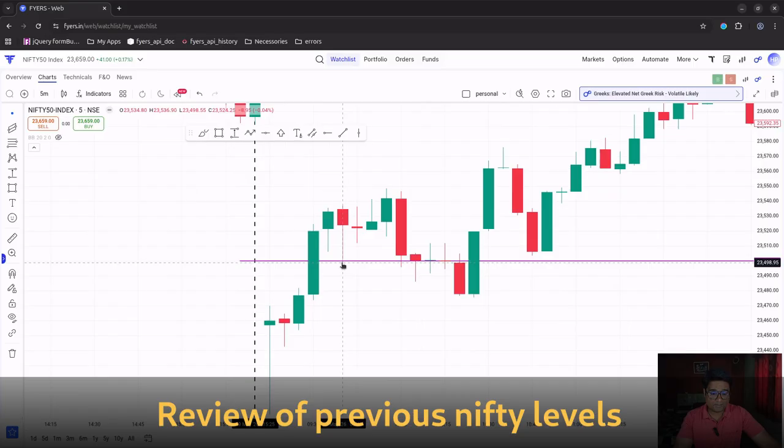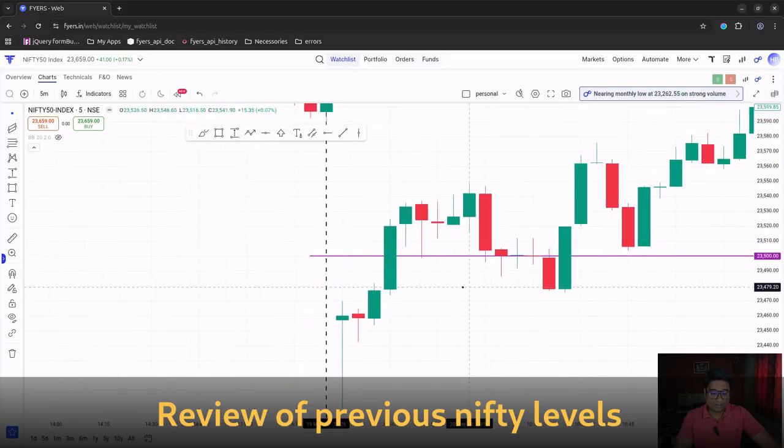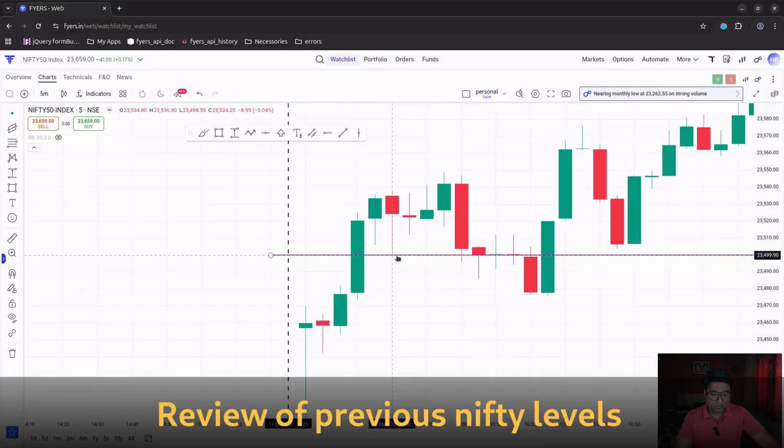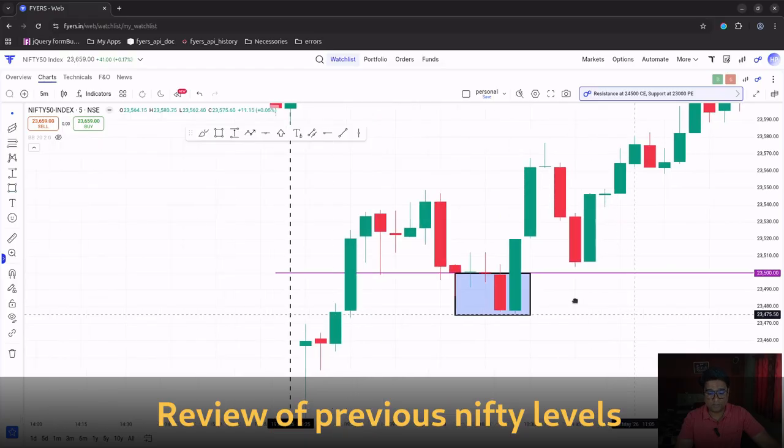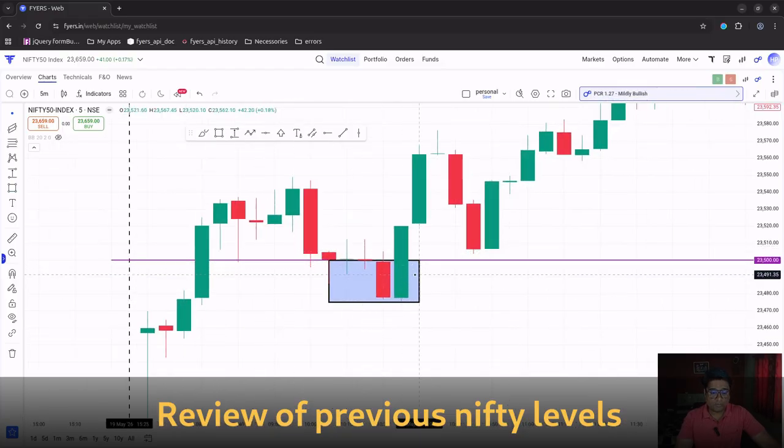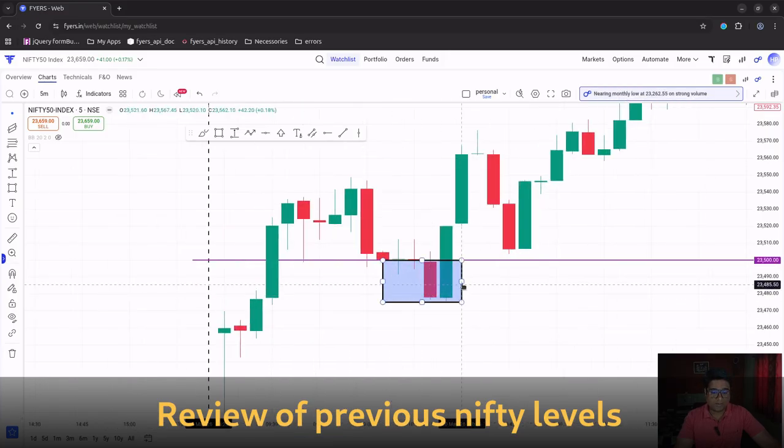Here also, see, this is also a rejection. You can clearly see this is a rejection. And what is this? This is a classic stop loss hunting. The market came down to hunt the stop losses, because after this people made entries right here and placed their SLs about here, and then the institution stepped in and hunted down the stop loss.